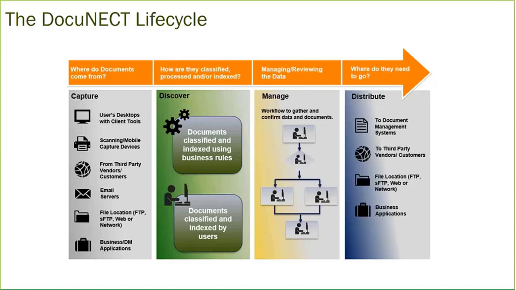It's the 2 middle boxes here, discover and manage, that really form the basis of the new features of 5. So in context of our accounts payable demo later on, we'll be discovering invoices and the data within them, and then sending that directly around an accounts payable invoice review and approval workflow before we distribute that to third-party systems. So that's really the DocuNECT life.